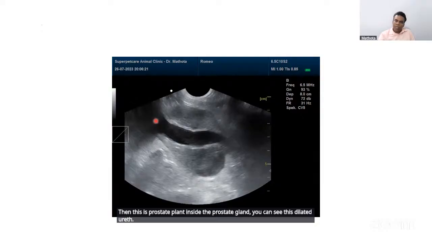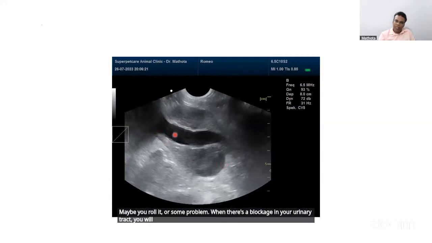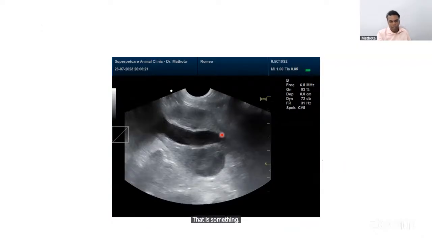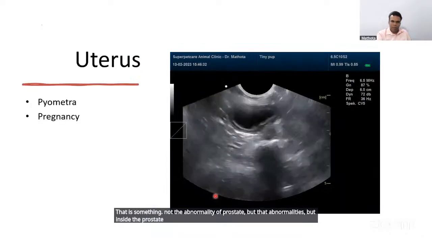You get this type of condition when there's urine blockage. When there's a blockage in the urinary tract, you will see the dilated urethra inside the prostate. That is not an abnormality of the prostate, the abnormality is somewhere else, but inside the prostate you can see this.